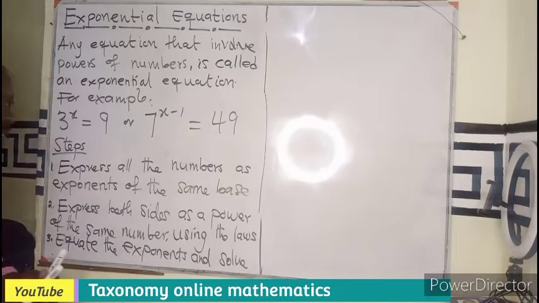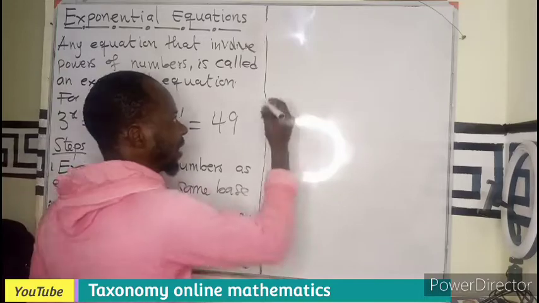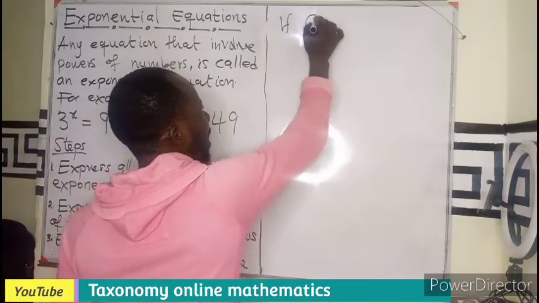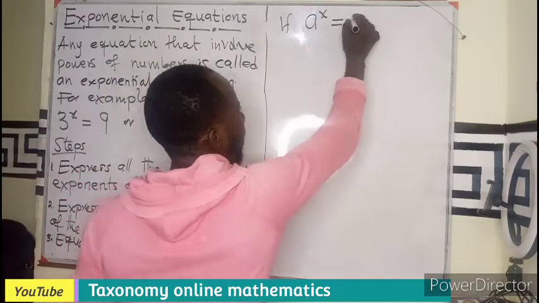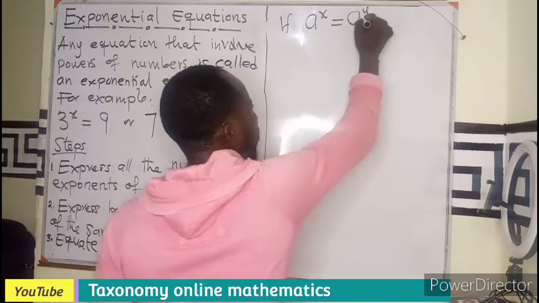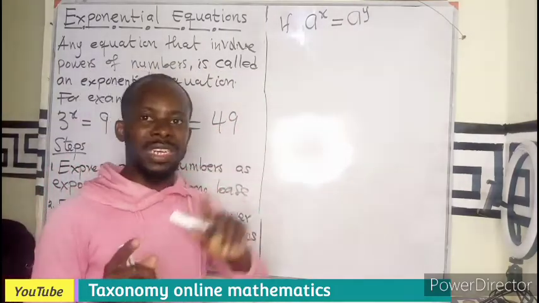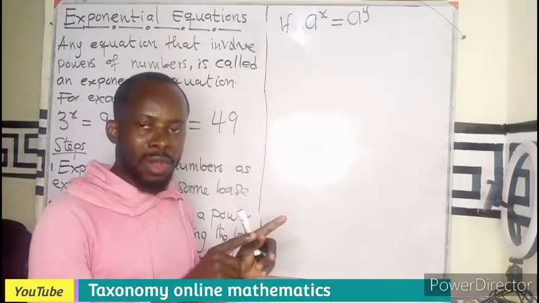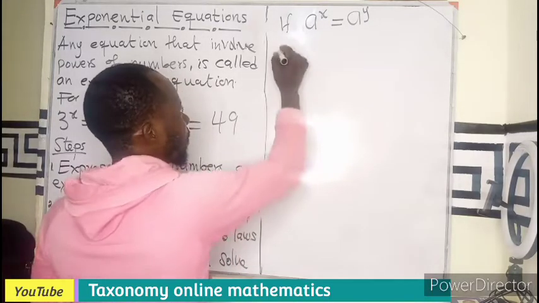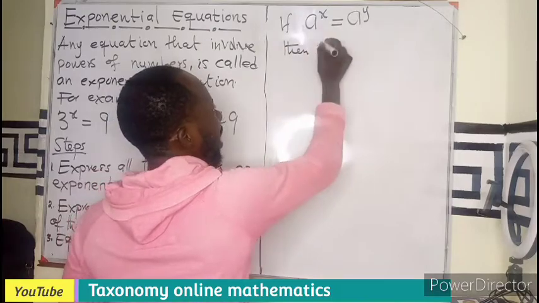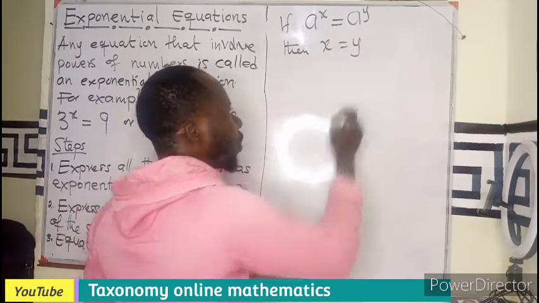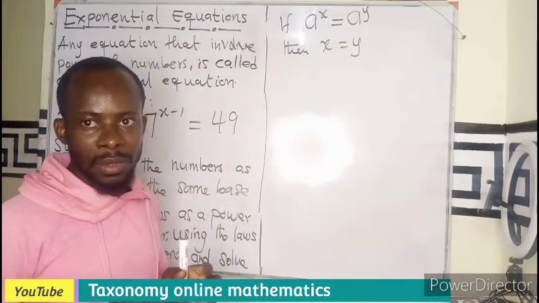Number 3, equating the exponents and solving simply means that if we have a^x = a^y, where a is not a negative number or 0, then we can say that x is also equal to y.